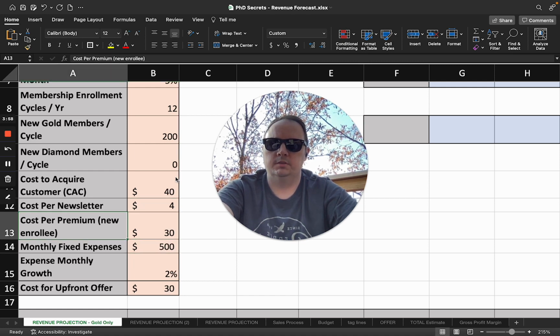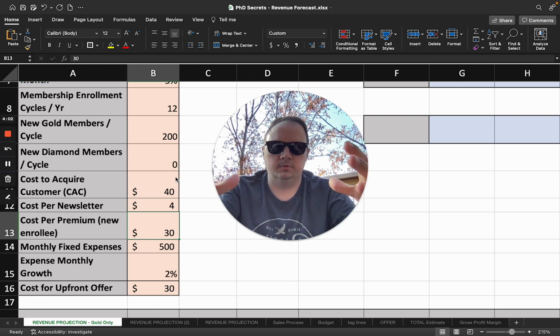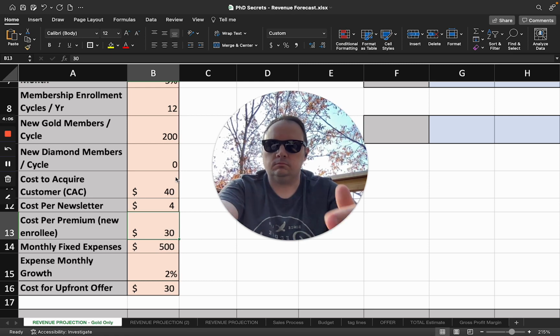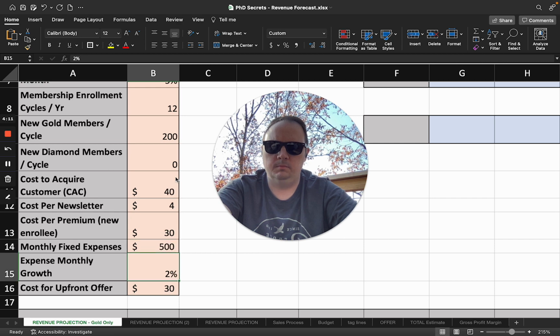Cost per premium, so this is the upfront bonus gift, a box with a t-shirt, notebook, and a couple of printed materials included in there. Monthly fixed expenses are my costs, paying for the software that I use and various other things, and then accounting for some monthly growth on my expenses.